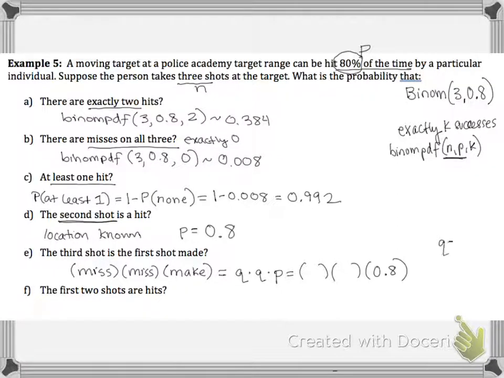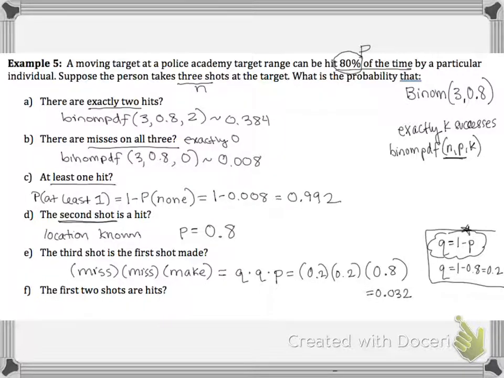And I want to remind you that Q is equivalent to 1 minus P. So over here on the side, I'm going to find that Q is 0.2. So we multiply these values together, and we get 0.032 for part E. So this is just a side note to find Q, but this is always true. And this was in our binomial notes.